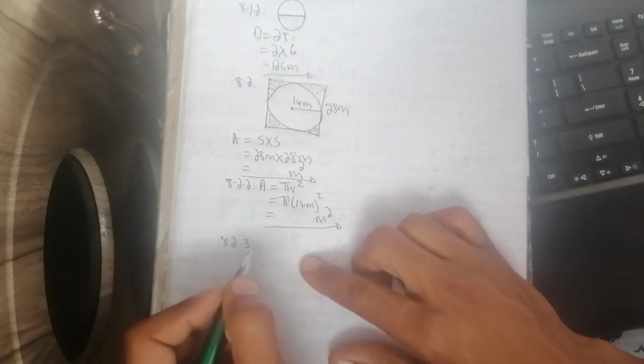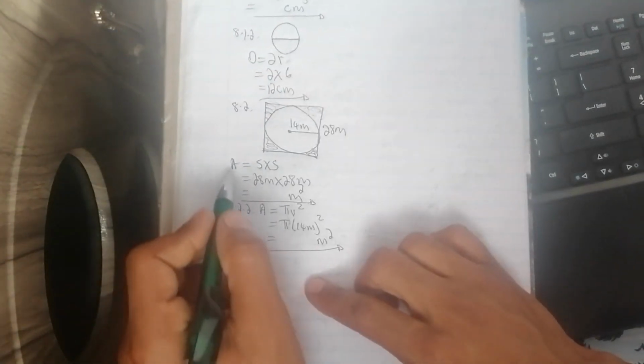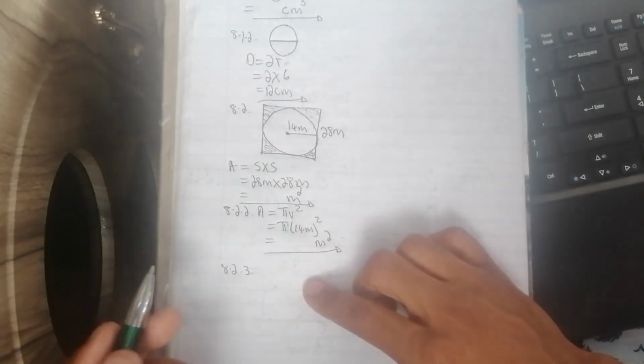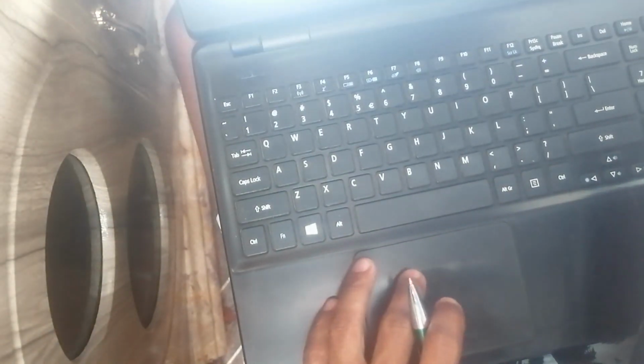Because I want the area of the shaded region, I would take the area of the square. Let me just make an example. What is 28 by 28?